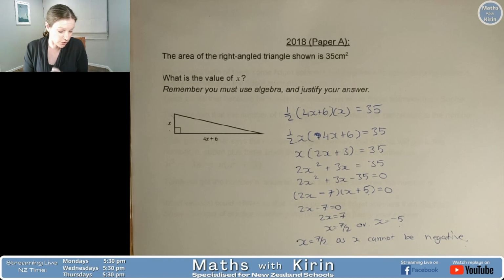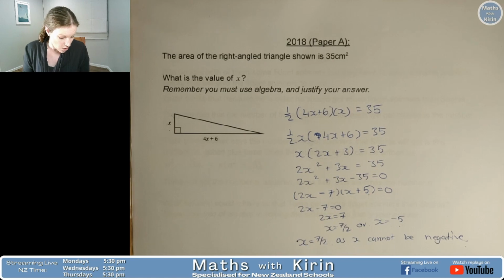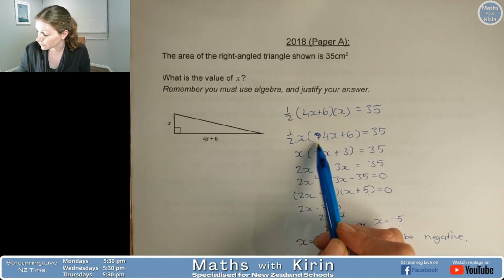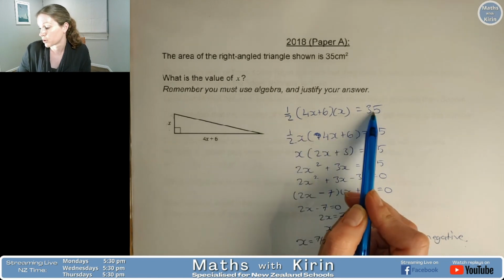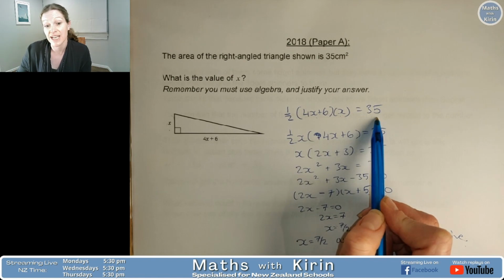So for this question, for achieved, you can expand your equation correctly, or you remove your factor of 2 in the bracket, so you get 2x plus 3, or you could, instead of bringing your half into the brackets, multiply by half, so you get x times 4x plus 6 equals 70.